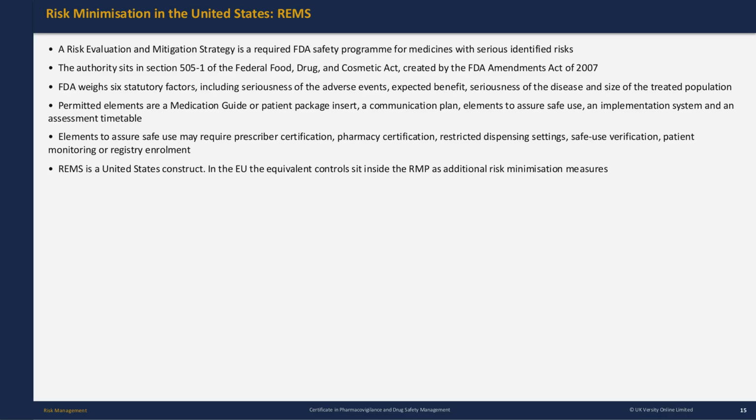FDA weighs 6 statutory factors, including seriousness of the adverse events, expected benefit, seriousness of the disease, and size of the treated population. Permitted elements are a medication guide or patient package insert, a communication plan, elements to assure safe use, an implementation system, and an assessment timetable.